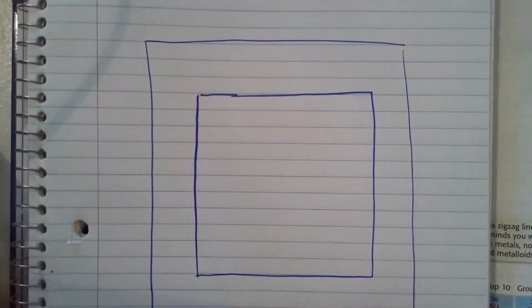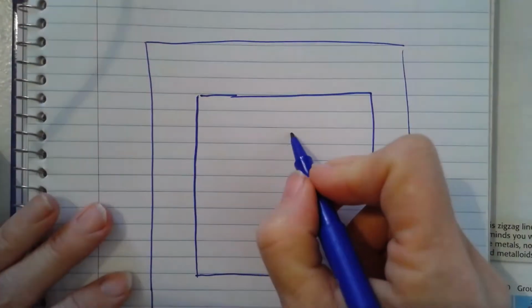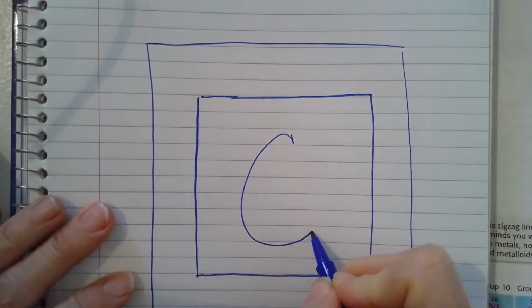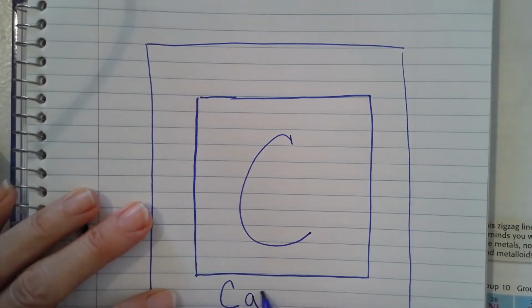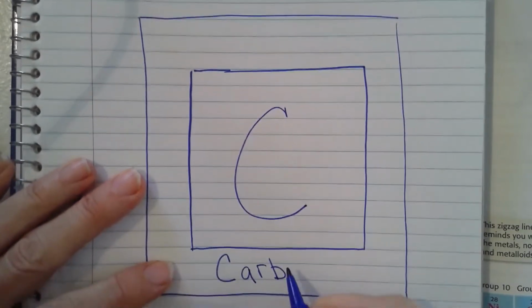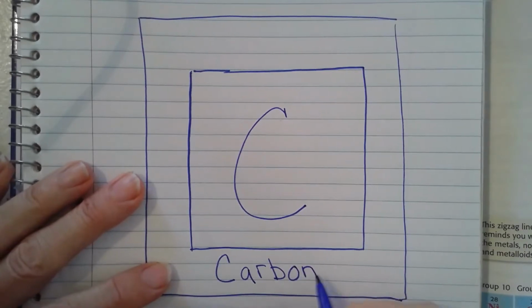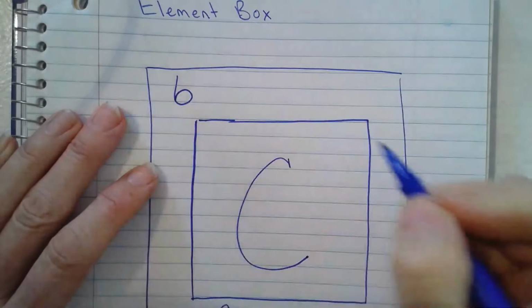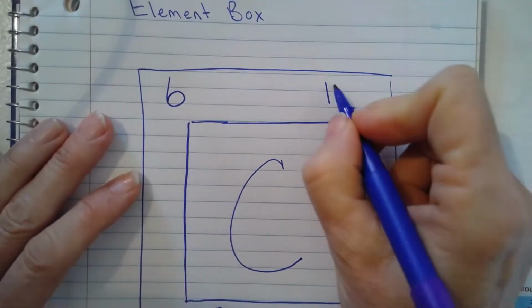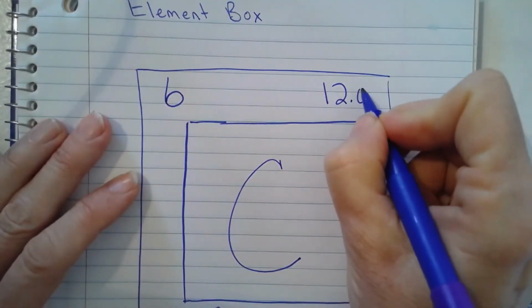So here I have a large capital C. It's called carbon. I have a number 6 here. I also have a number 12.01.